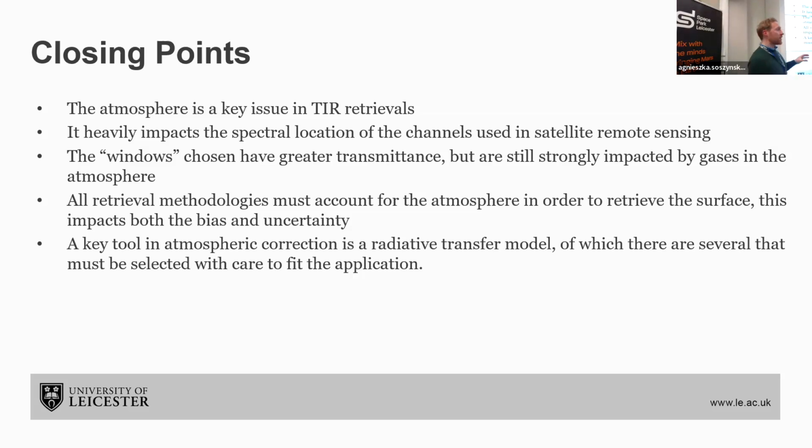So we've got the windows, and they are better, but they are still heavily influenced by the gases that are in there. And all methodologies have to deal with this. Even methodologies that don't tell you they're doing this have to do it. There are certain thermal infrared retrieval algorithms, Agnieszka will tell you later, that pre-correct the atmosphere before they start their thermal infrared retrieval.